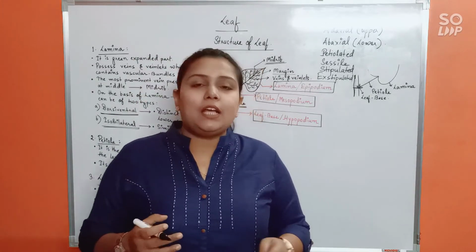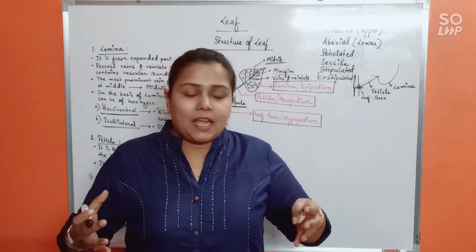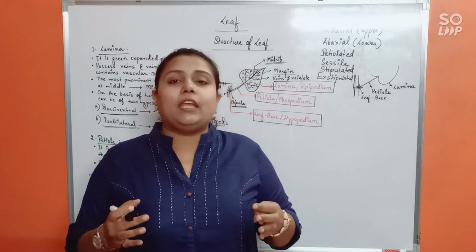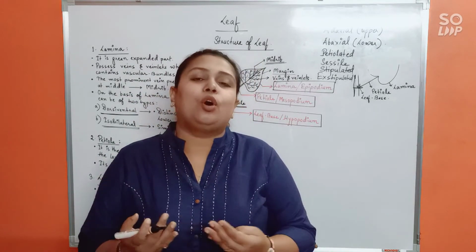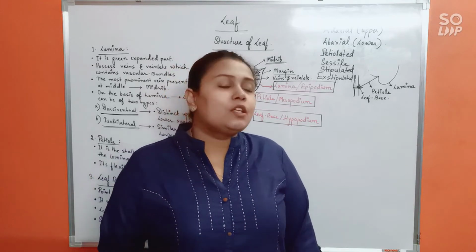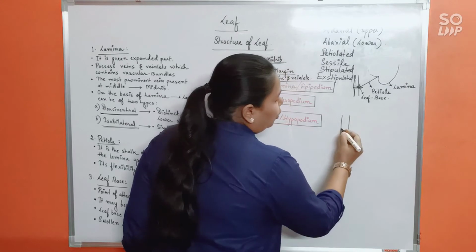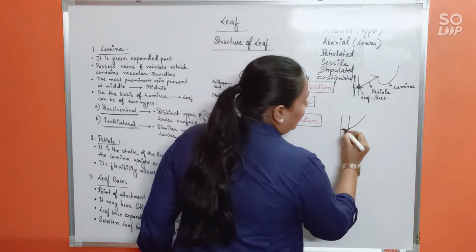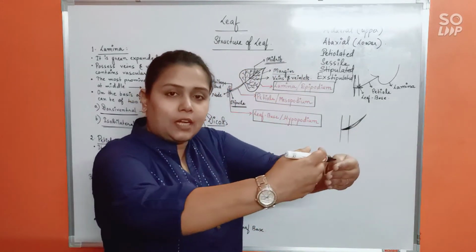Sometimes in grass we can see that the leaf base expands and forms a sheet-like structure. This sheet-like structure might partially or sometimes fully cover the node or the stem. Okay, so it will look like this. Suppose this is the node, but the leaf base covers completely, it holds the node.